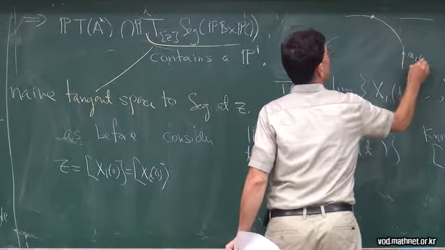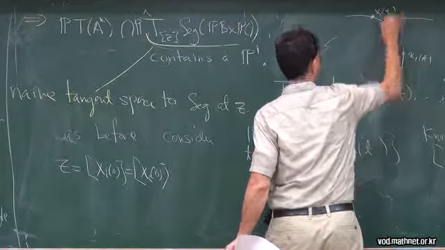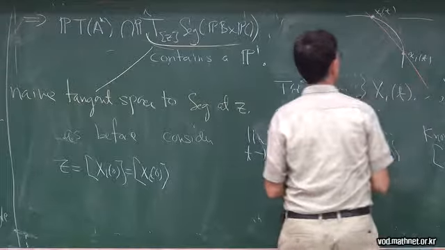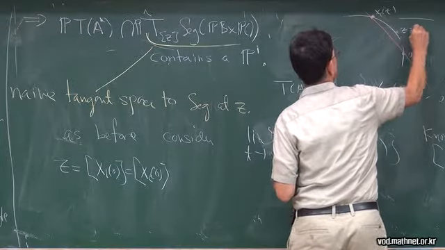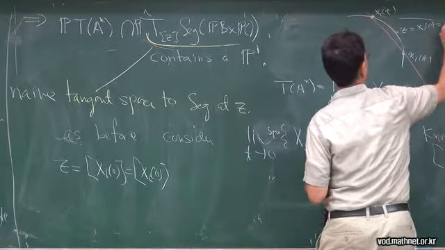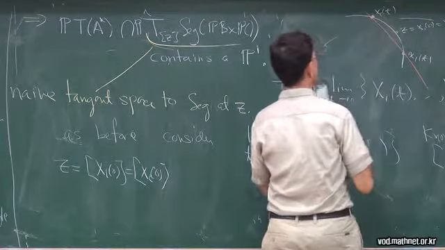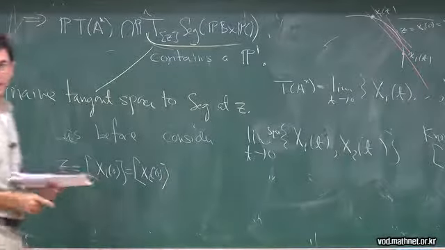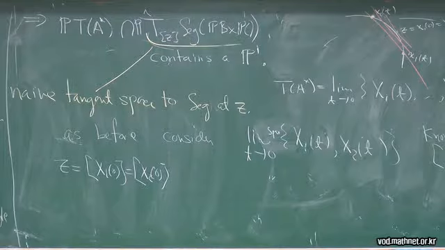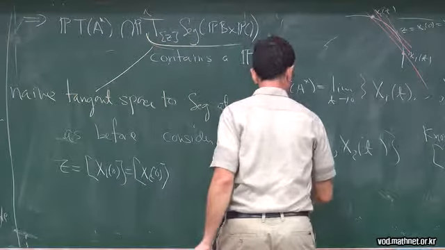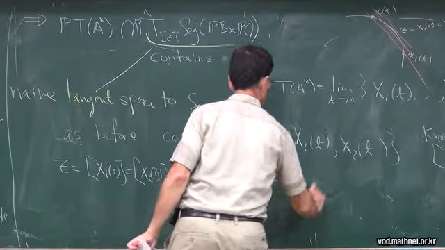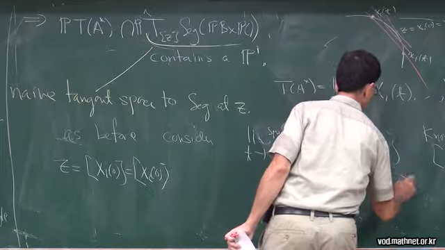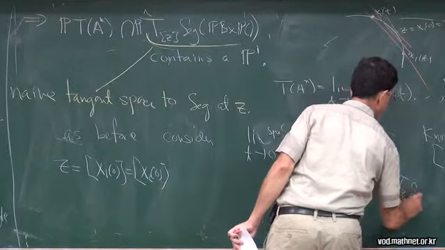So we have x1 of t and x2 of t, and we have the line they span. And then we have here Z, which is x1 of 0, which is x2 of 0. So it's the same picture as before. These secant lines must limit to a tangent line on Z. So, see the picture. This limit is contained in the tangent space to Z of the Segre.